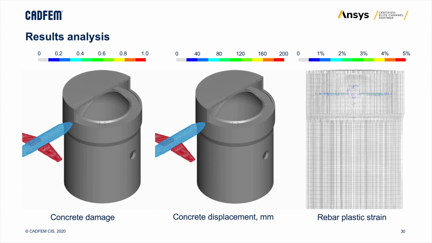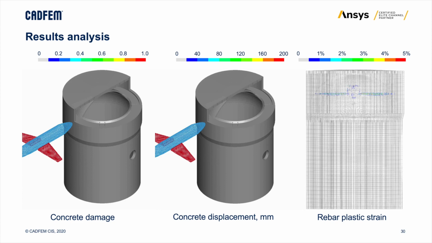First of all, we do not use a single criterion for results analysis. The main three criteria are shown on this slide. We need concrete damage, concrete displacement, and plastic rebar strain.